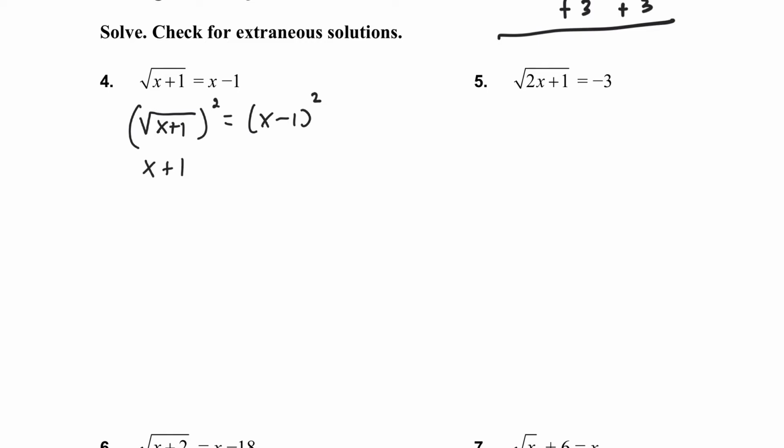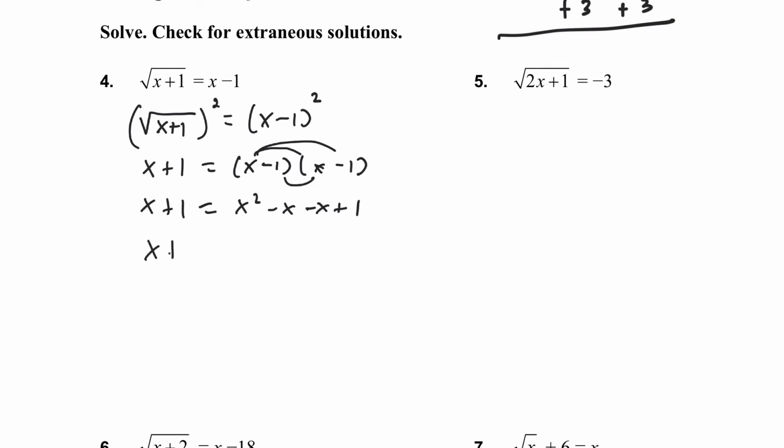So this is x plus 1 is equal to x minus 1 times x minus 1. So we're going to use the FOIL method: x squared, negative x, negative x, plus 1. So we have x plus 1 equals x squared minus 2x plus 1.